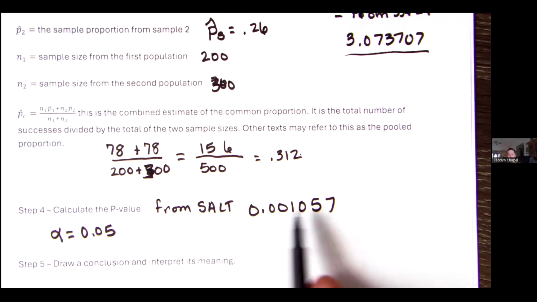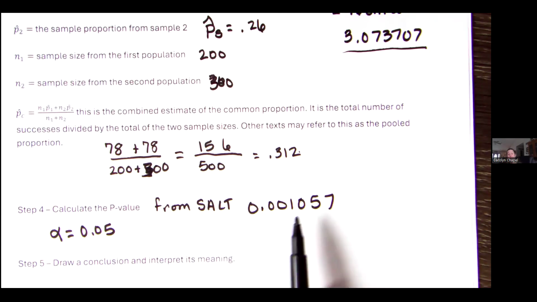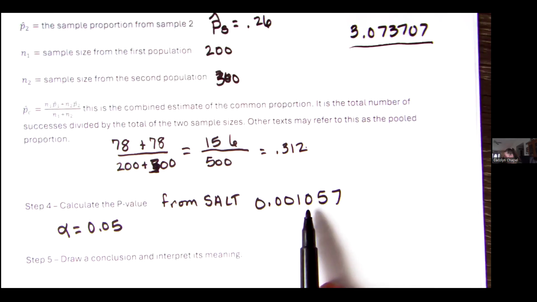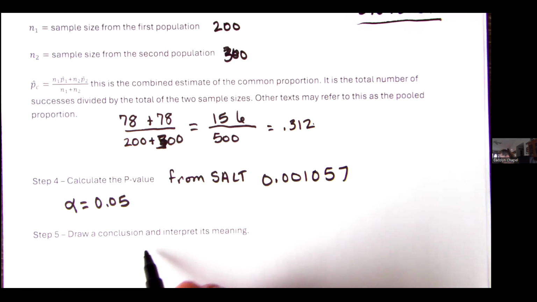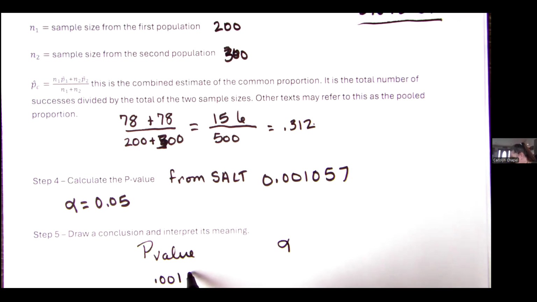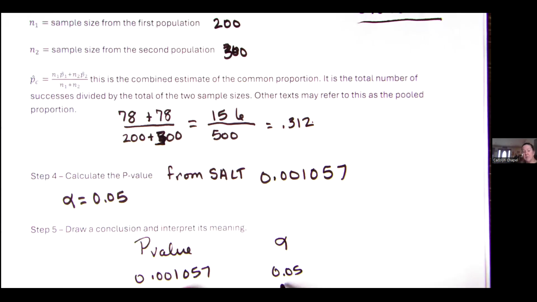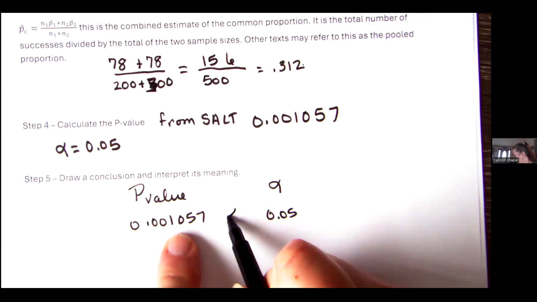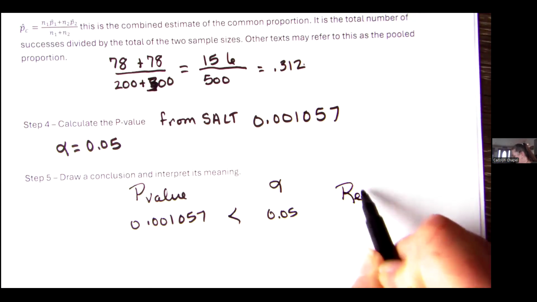We didn't actually have to calculate it. It did it for us. And there's my p-value. So in step 5, we compare our p-value to our alpha level. 0.001057, the alpha level, 0.05. Is this smaller than that? Yes, it is. So we reject.